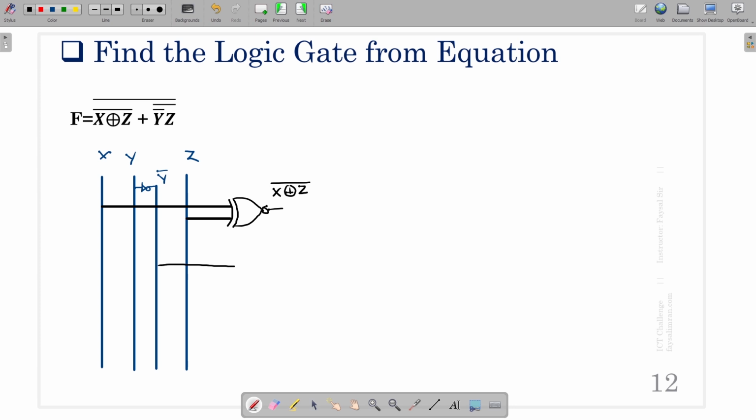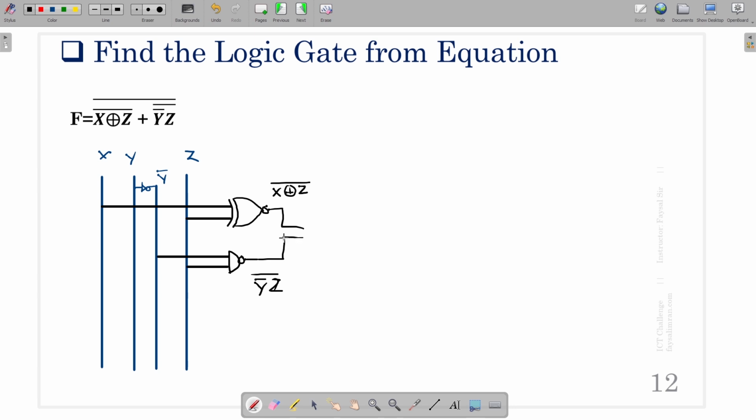So we need y bar and z. We have to multiply those values, y bar and z. So for multiplying we need a NAND gate. So you'll get y bar and z, and with this NAND gate you will get a whole bar, so y bar into z whole bar. Then you have to just add those values.